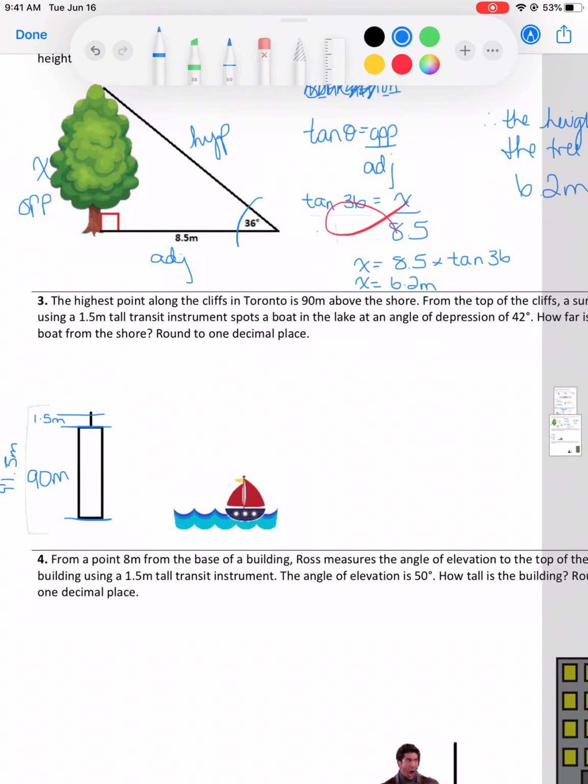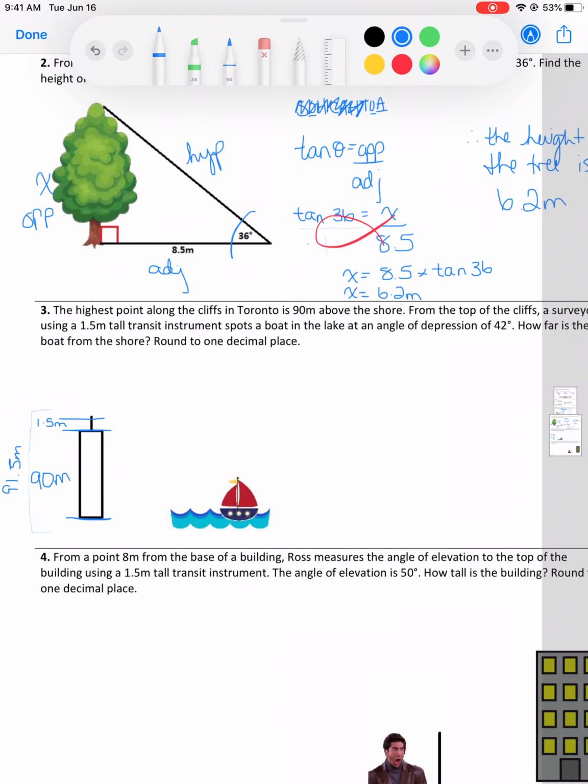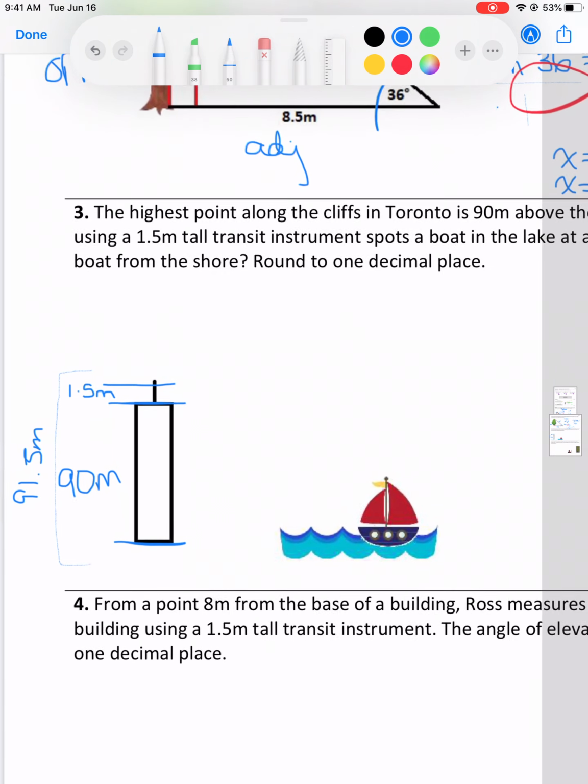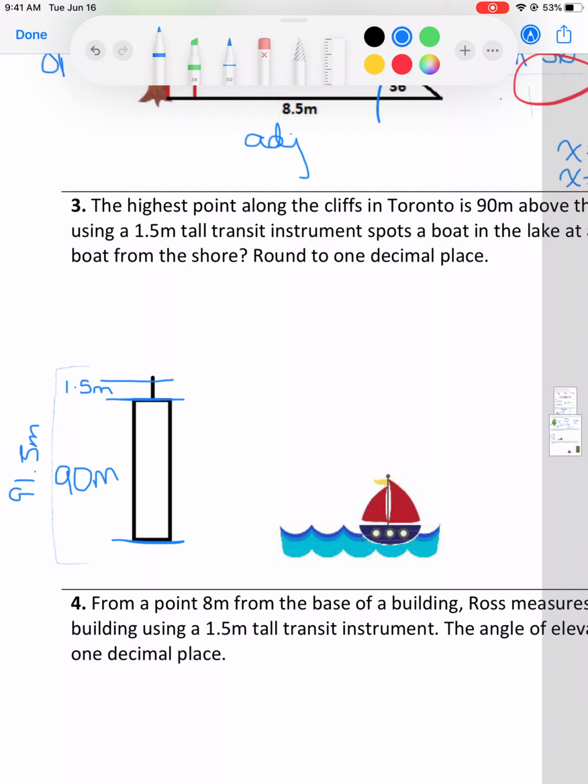Spots a boat in the lake at an angle of depression of 42 degrees. So this is where we're surveying from. This is our line of sight, or our sight line.